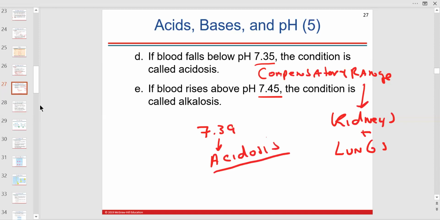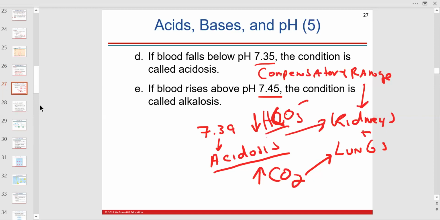Am I holding on to too much CO2? That would be a problem with my lungs. Am I losing bicarbonate, HCO3 minus? Low bicarb would be a problem with my kidneys. And these two have to fight it out to keep my pH in that range. Hope you understand that, because that's a big physiology topic right there.